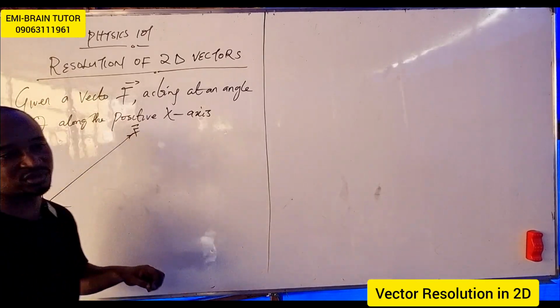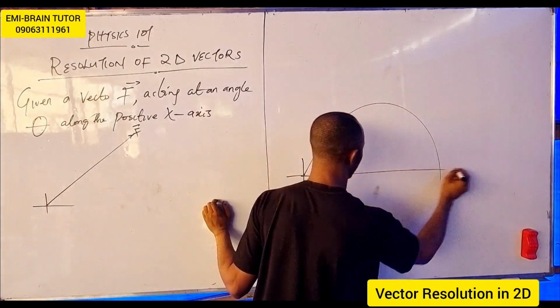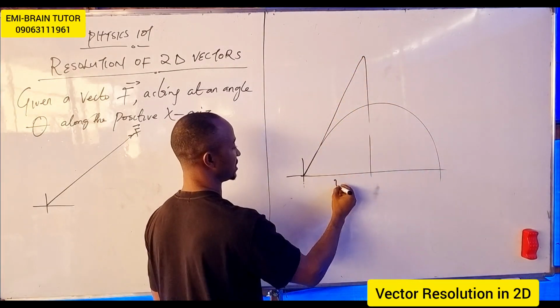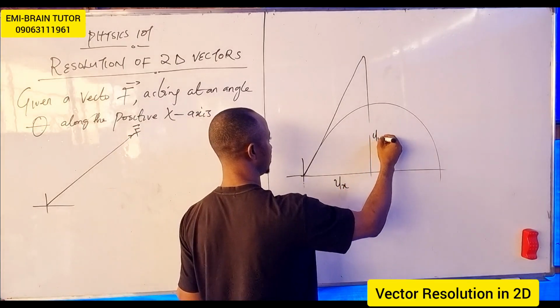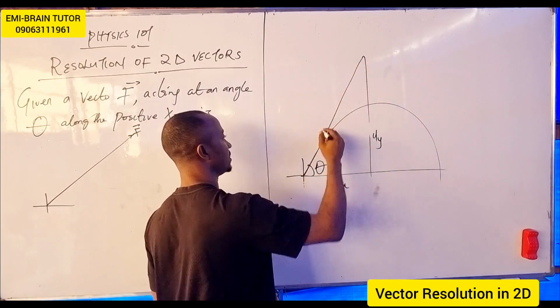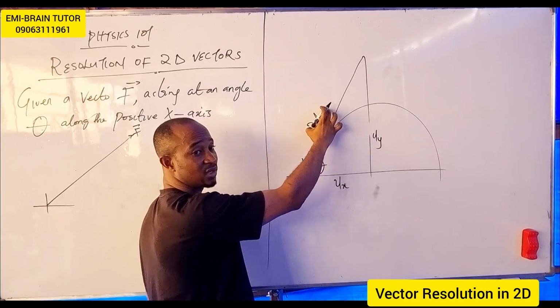Like we saw under projectile, when the body is projected, it moves in a parabolic path. We have Ux and Uy, and the angle of projection. What we call here U is the resultant velocity.